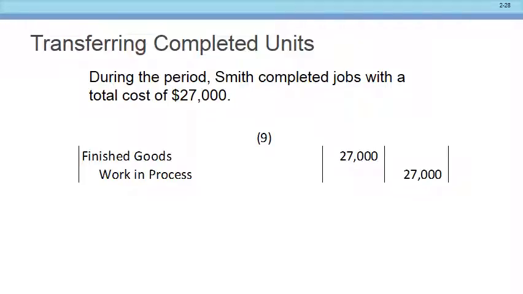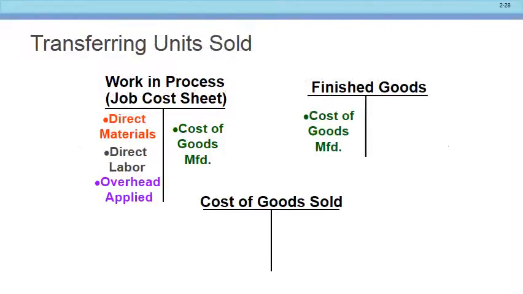Credit the work in progress for the ones that are done. Debit the finished goods. So the amount that gets debited to finished goods for the period is going to be the amount that gets credited out of work in progress. You see that relationship? Because remember, guys, on the exam, we're going to have you jumping backwards through some of these hoops, right? So you need to understand this relationship.